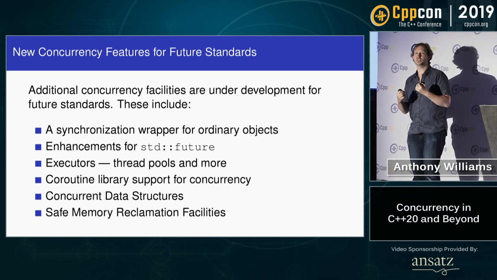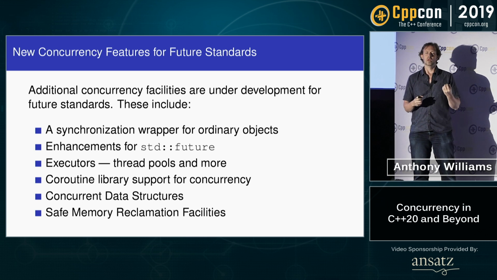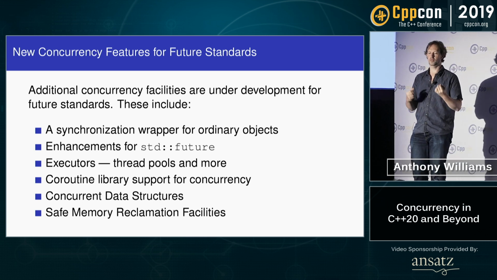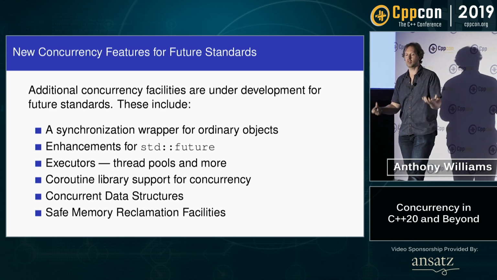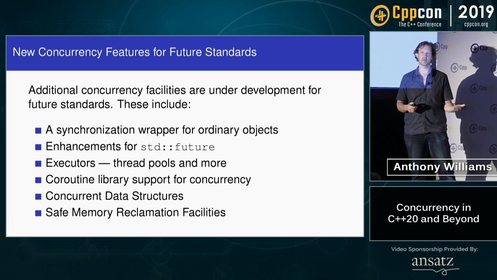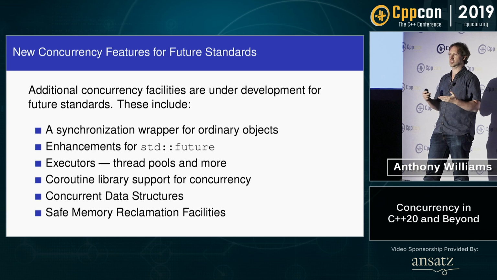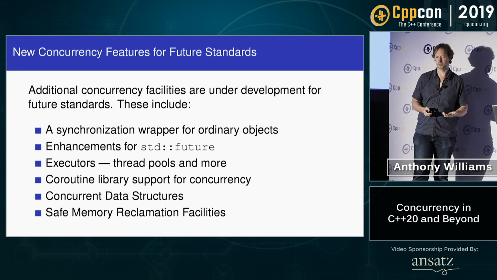There's executors, which is something that we've been waiting for since C++11. I hope that there will actually be a proper coroutine library support for concurrency. There's proposals for various concurrent data structures, and then there are safe memory reclamation facilities to help you write your lock-free code and actually free up memory in a safe fashion.